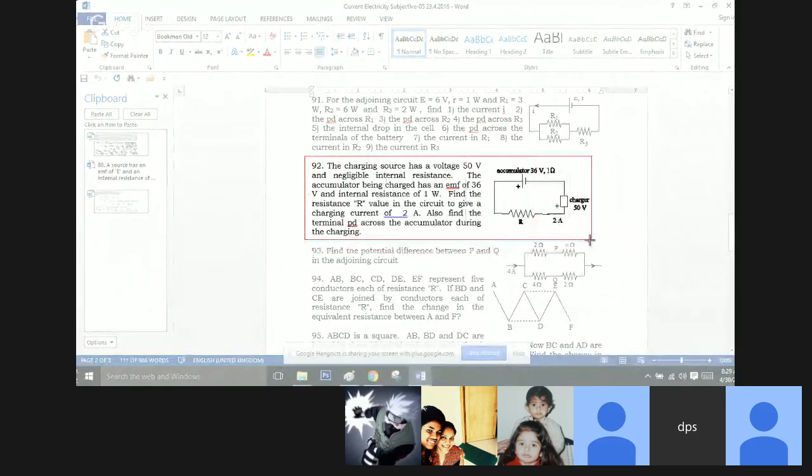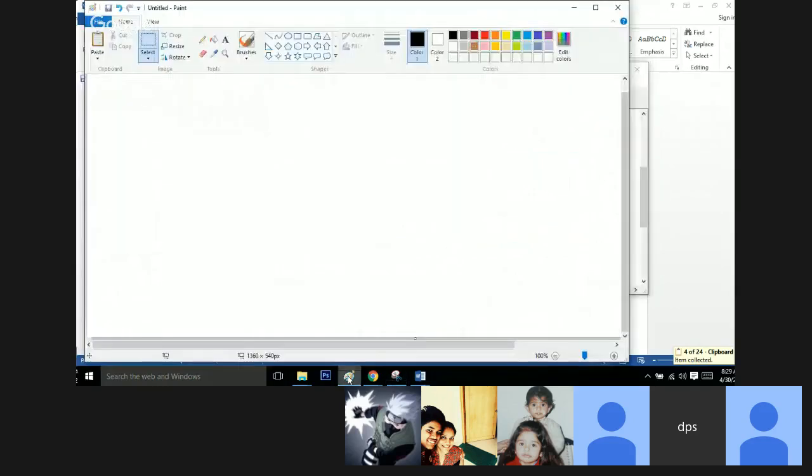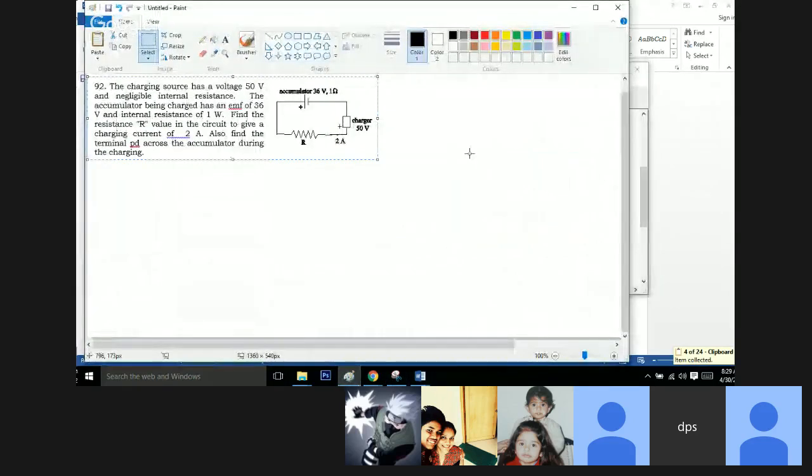This is with the diagram, so I am copying it as a picture. 92. Look at this. A charging source has a voltage of 50 volt and negligible internal resistance. The accumulator being charged has an EMF of 36 volts and internal resistance of 1 ohm. My dear, that is not 1 watt, that is 1 ohm.